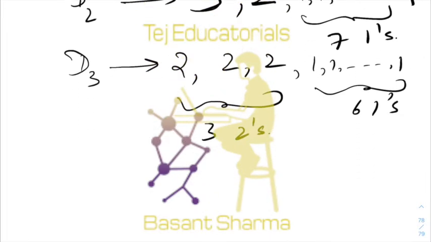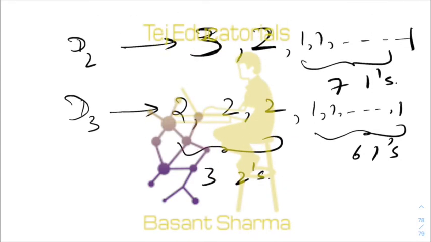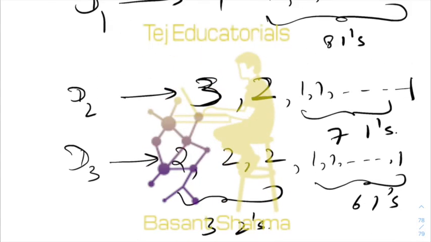Now if you think about it, these are the only possible ways in which you can distribute 12 objects amongst 9 persons such that each person gets at least one object.